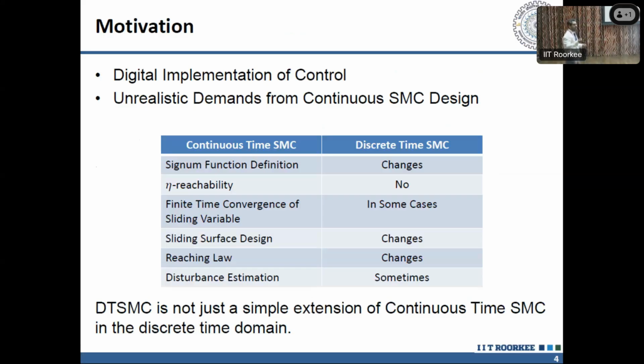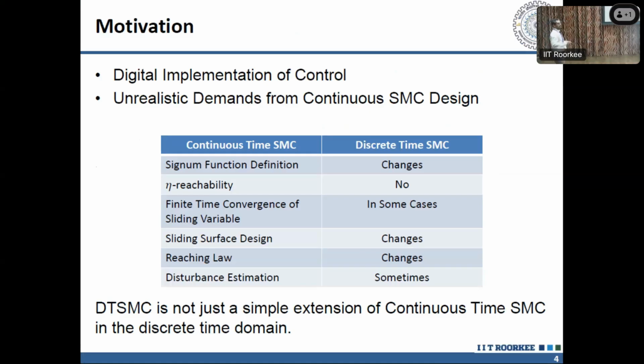It may happen in very specific cases. The sliding surface design changes slightly just because of the whole idea of continuous and discrete time, and the reaching laws change. The estimation that we can do with continuous time controllers, sometimes we can do with this too. So it is not just a simple extension; that is the underlying thing.